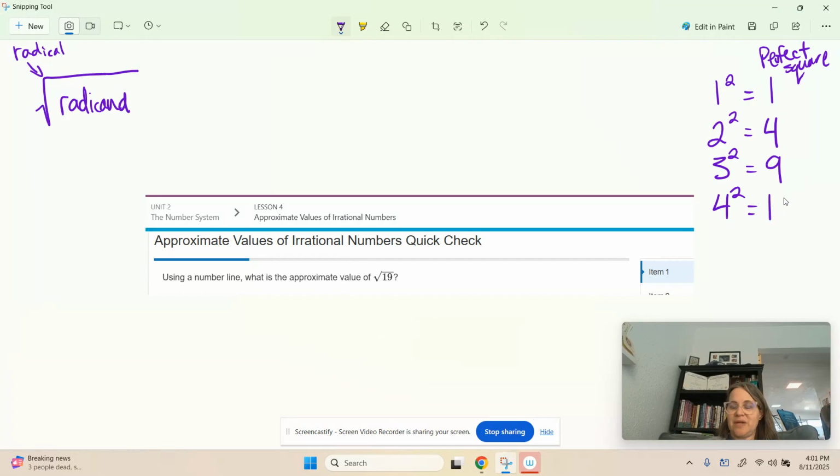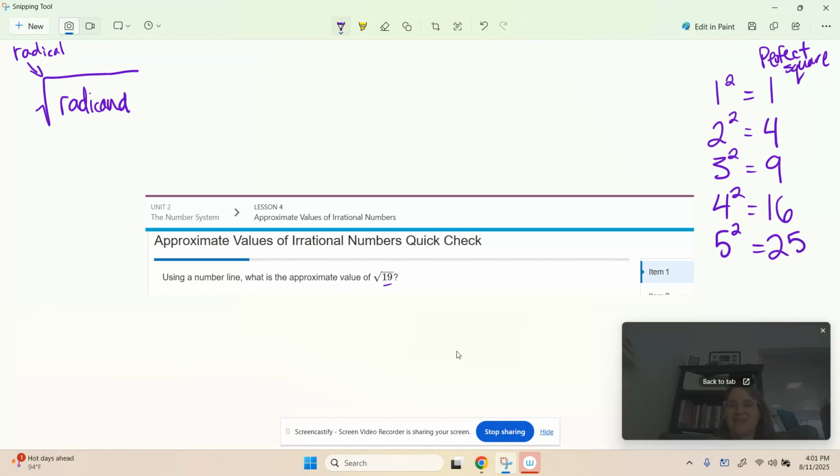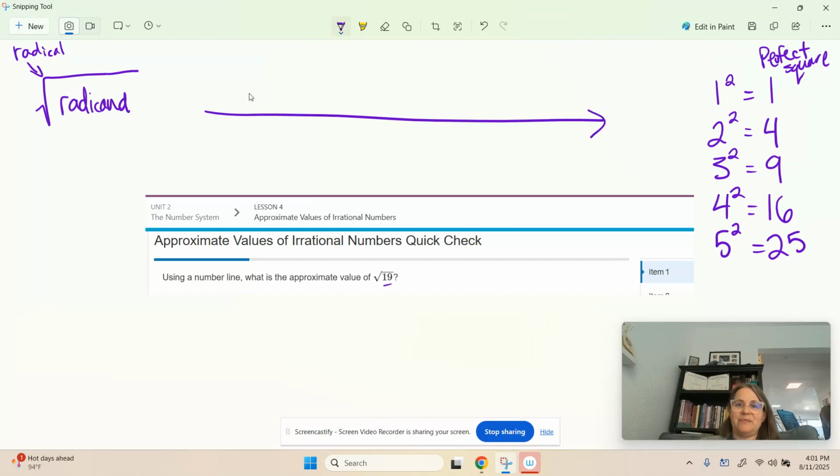So we're getting close to it because 4 squared is 16. Okay, we're looking for 19. 5 squared is 25. All right, so if we think about our number line here, and we want to think about our square numbers as the radicands.